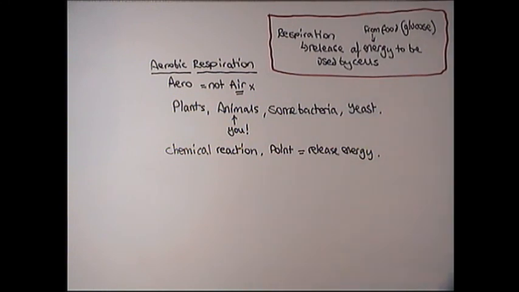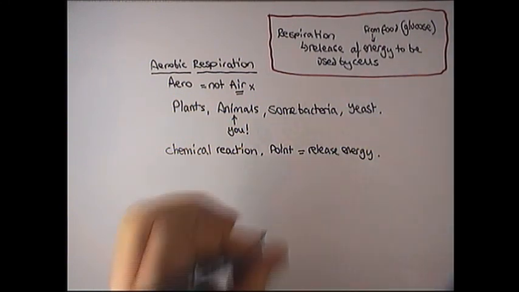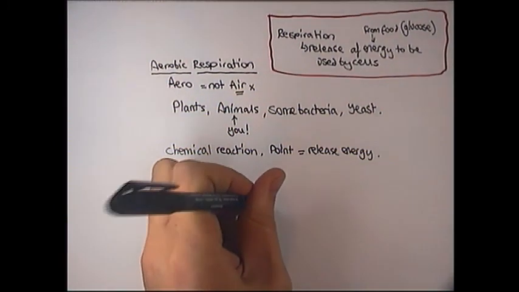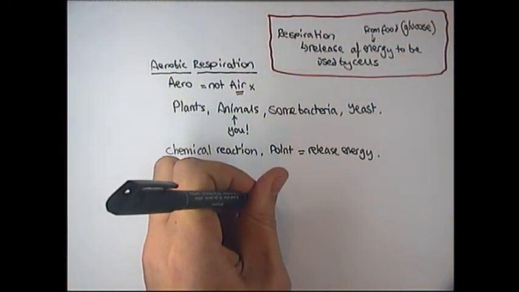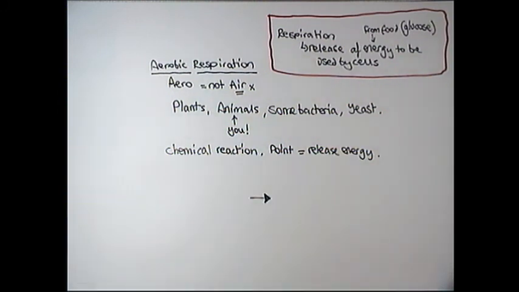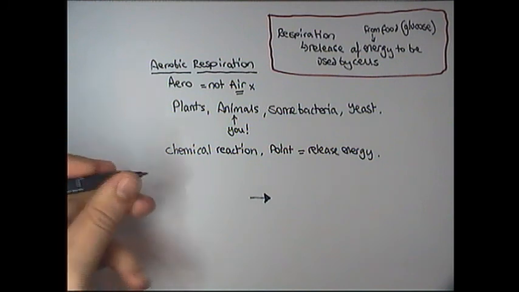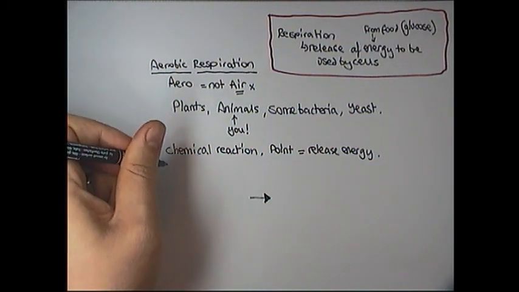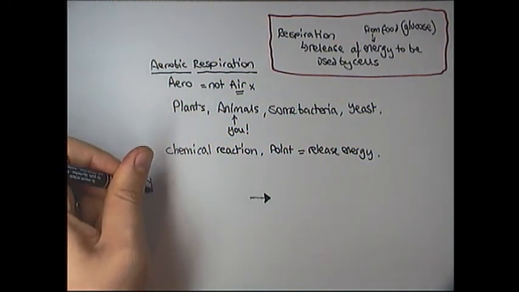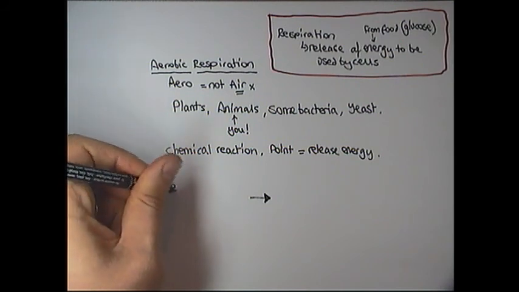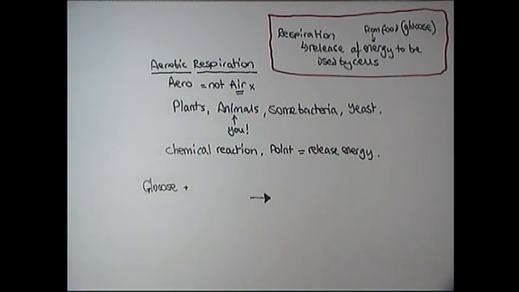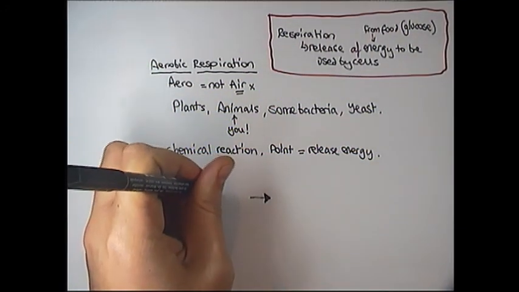Now, the equation for aerobic respiration is important, and we do need to make sure we learn it. So with any chemical equation, always start off with the arrow. Remember, the arrow is showing us what we're starting off with and what we're producing. So the arrow effectively means makes. On the left hand side of the arrow we have two things: glucose, known to you as sugar, but we need to use the scientific term, glucose, and oxygen.